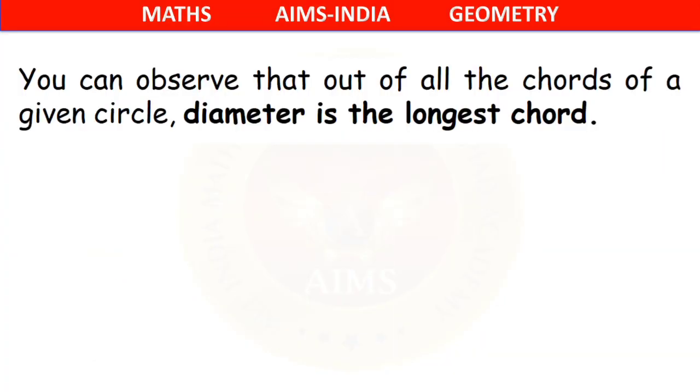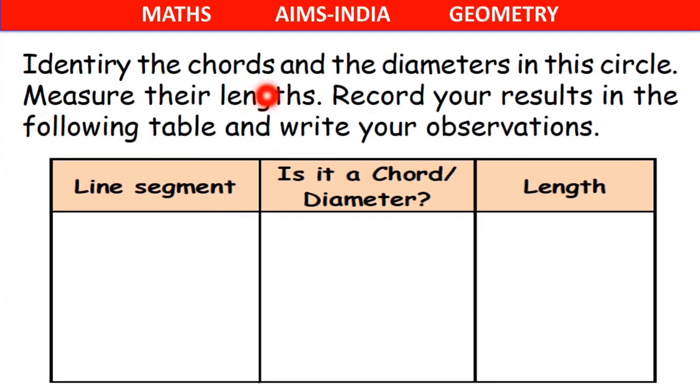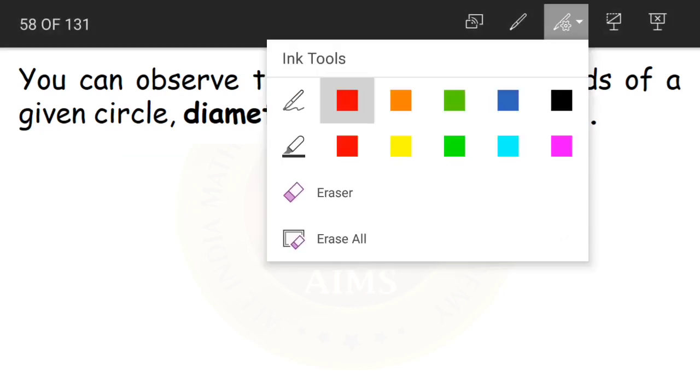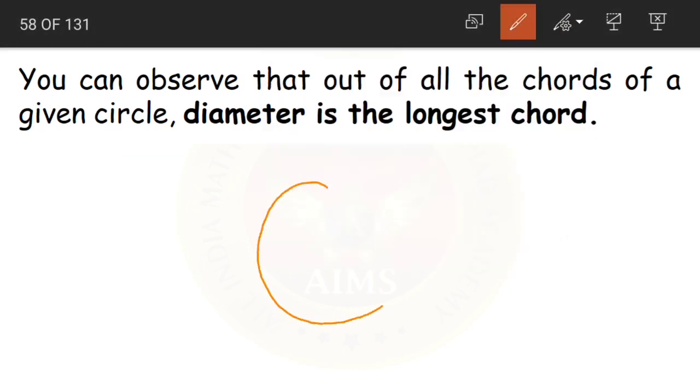Now next, what is it, children? Identify the chords and diameters in this circle. Measure their lengths and record your observations in the following table and write your observations. So what are they saying? Here let us take this circle for example. Now I'll draw few lines in this.